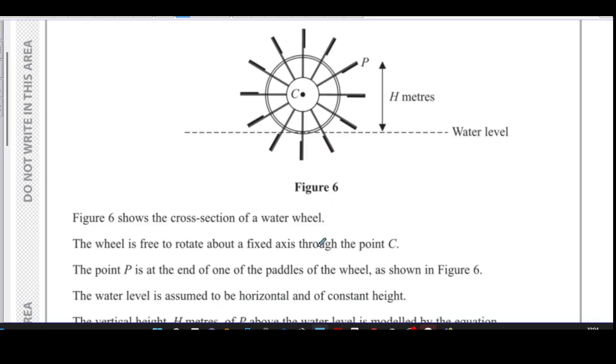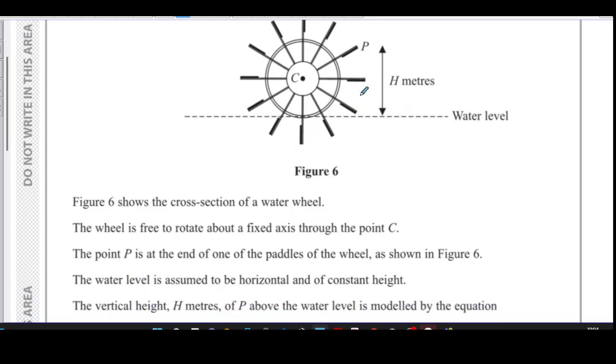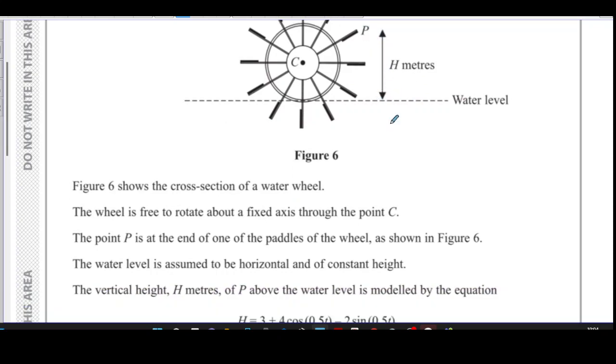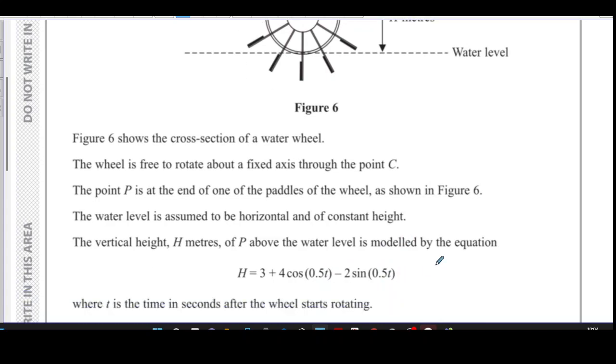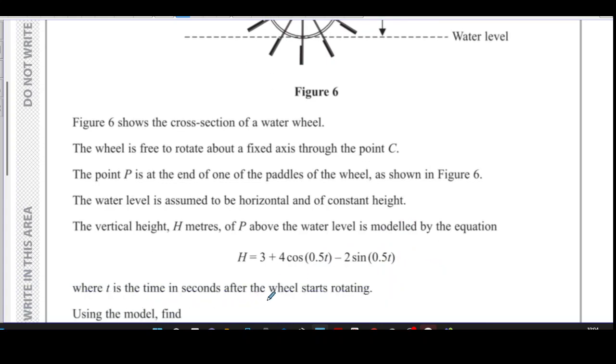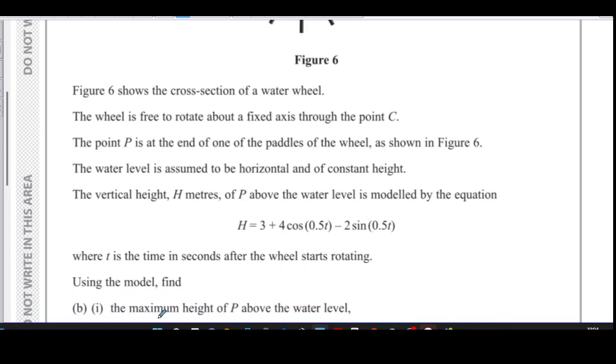The water level is assumed to be horizontal and of constant height. The vertical height, h meters of P above the water level, is modeled by this equation: 3 plus 4 cosine of 0.5t minus 2 times the sine of the angle 0.5t. So the same angle in both cases here, where t is the time in seconds after the wheel starts to rotate. Using the model, find the maximum height of P above the water level.